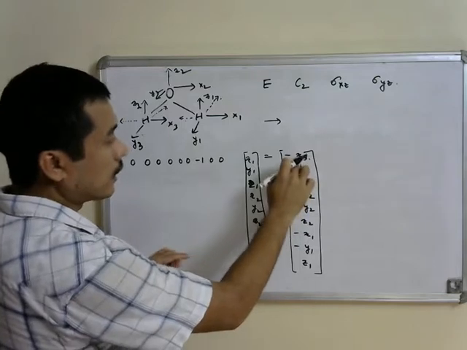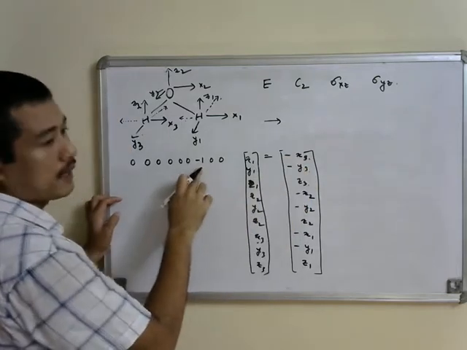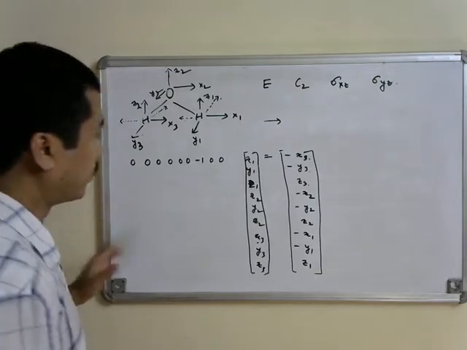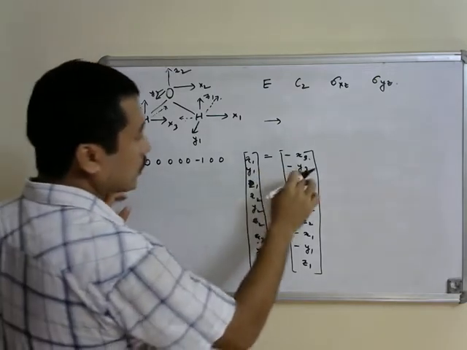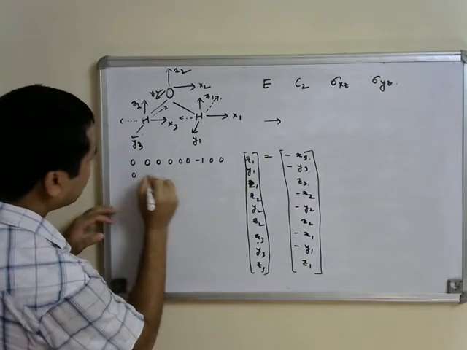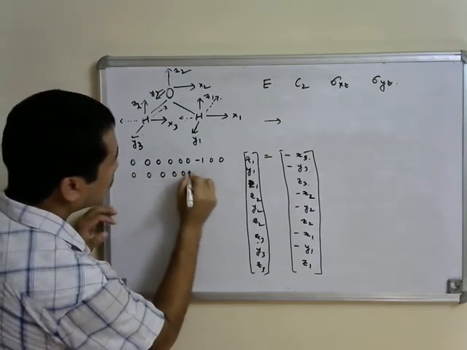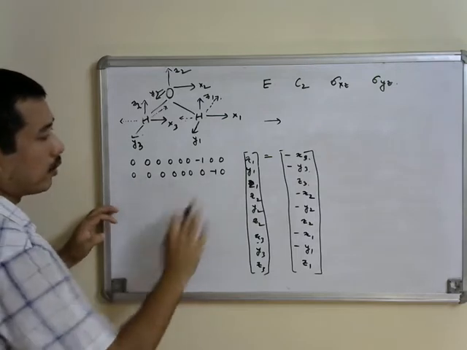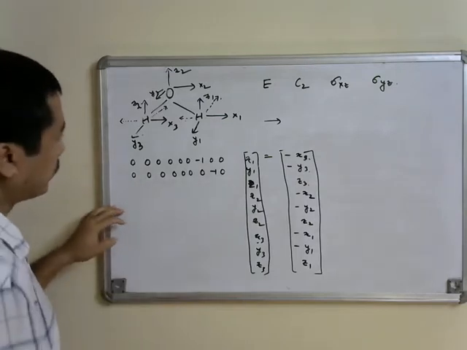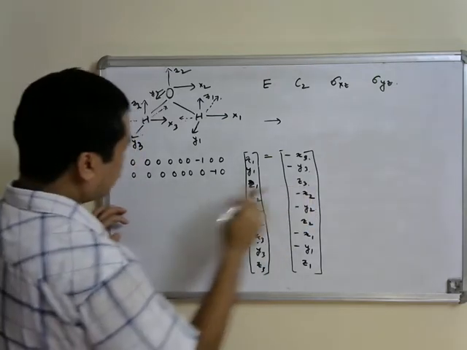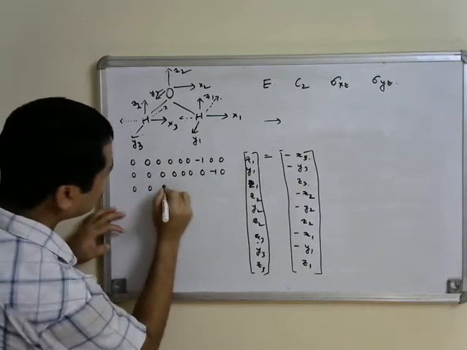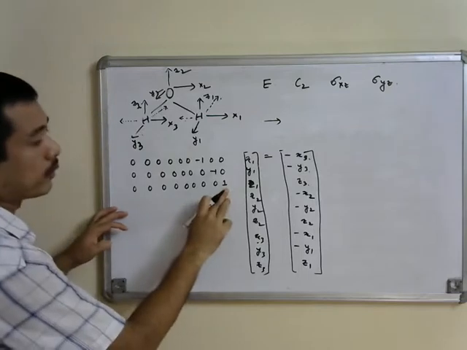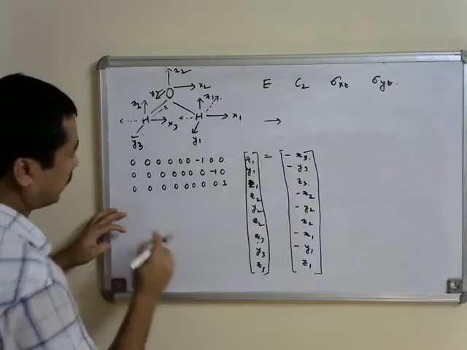So to get minus x3, this number has to be equal to minus 1 and the rest should all be 0. Similarly, y1 goes to minus y3, so we know what we have to write. This number is going to be equal to minus 1 and all others should be 0. z1 goes to z3.